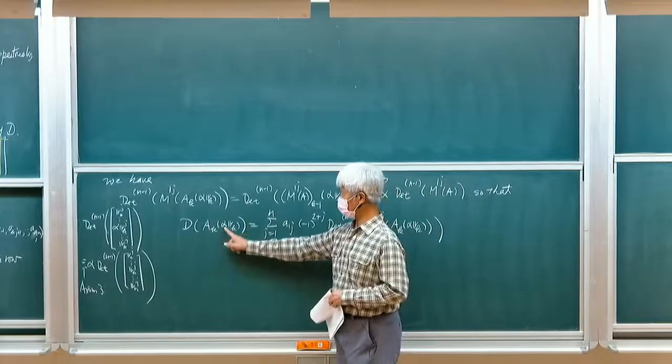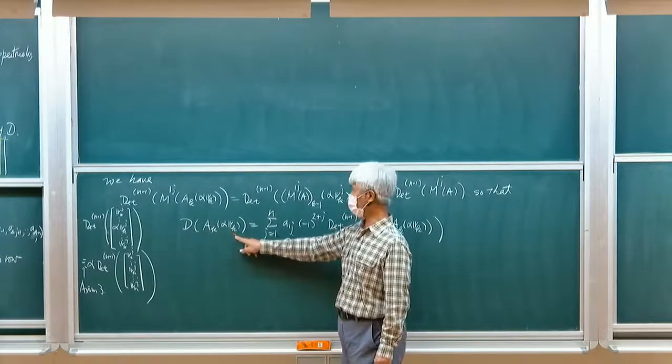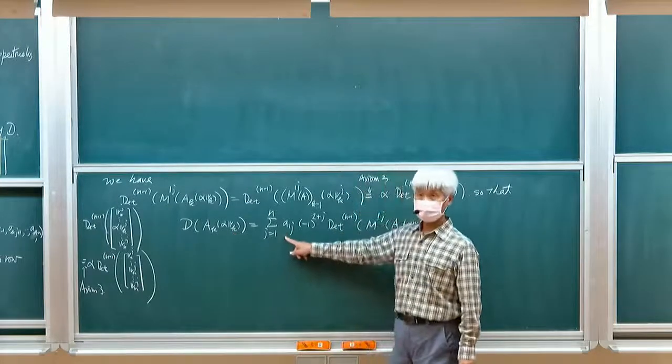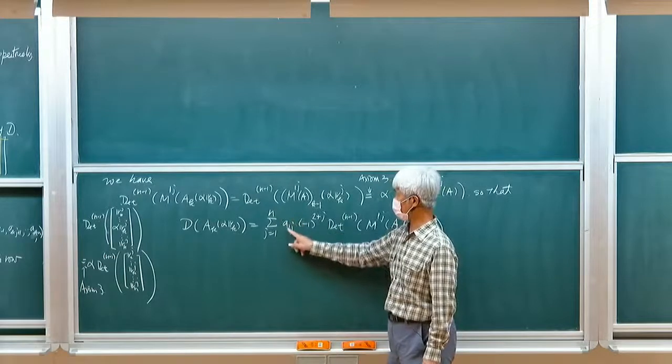Because the scaling is on the kth row, k not equal to 1, the entries in the first row are still A1J here.